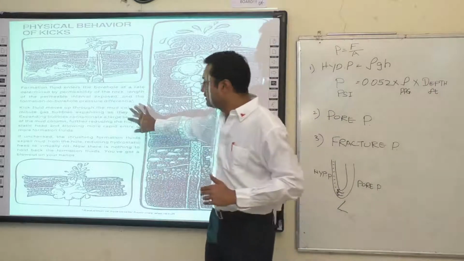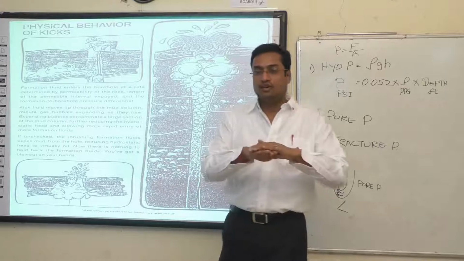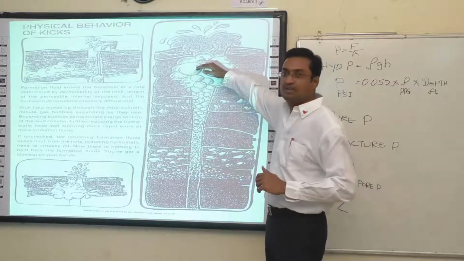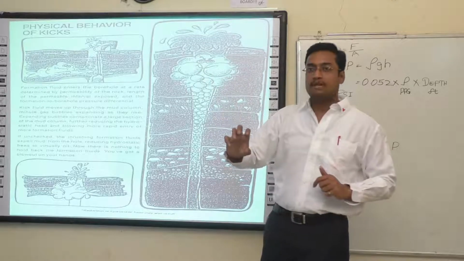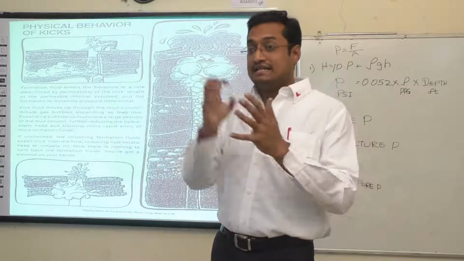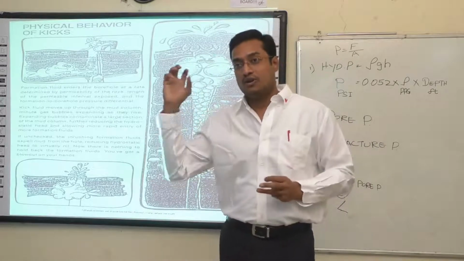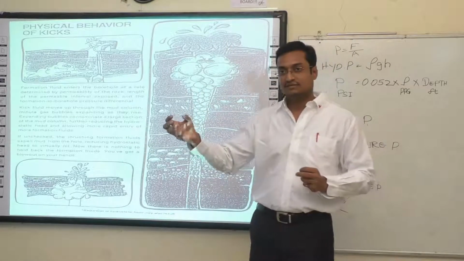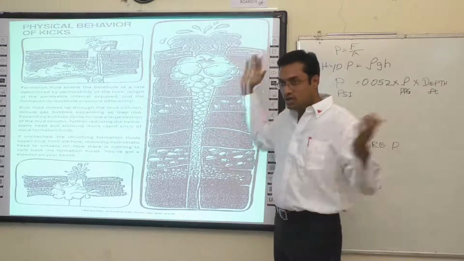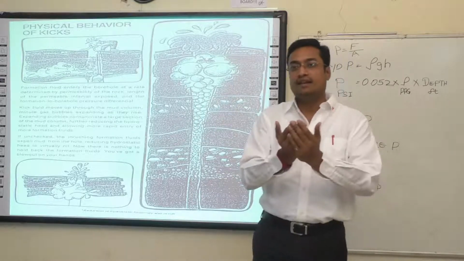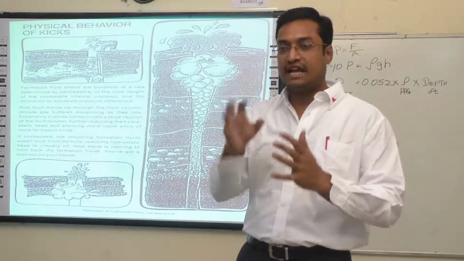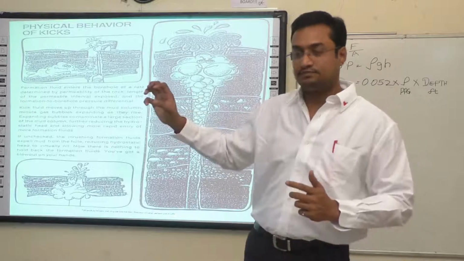You put a check, you put a control by closing at the surface. So that BOP or the blowout preventer is a secondary well control method. The equipment we use at the surface to contain the well or close the well is a secondary method. Secondary well control barrier.